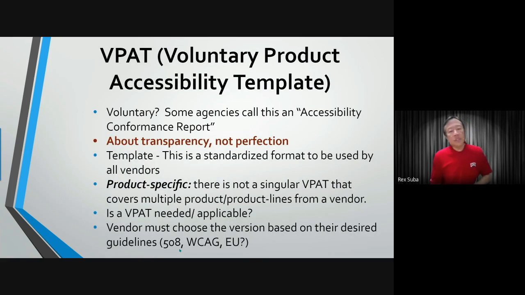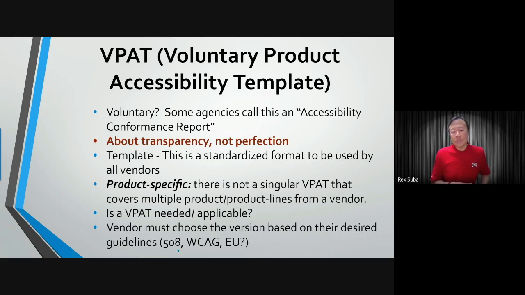VPAT. This is the one that we're tremendously picky about. This report is voluntary because the federal government wanted to provide a non-contractual way for vendors to demonstrate, as a course of transparency, not about perfection, how they adhere to various accessibility standards.